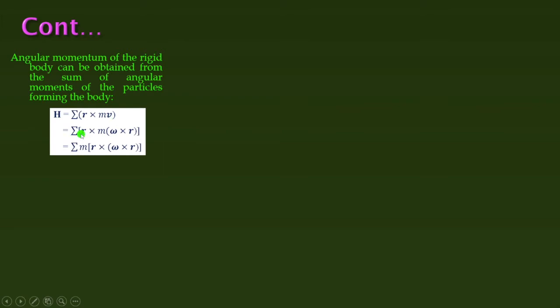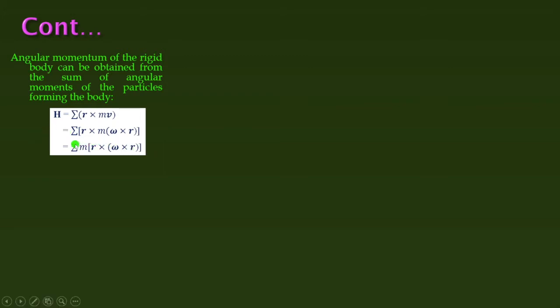Now substitute the value of v here. We know that v equals omega cross r, the cross product of omega and r. So finally, this moment equals r cross m times v, that is, omega cross r.